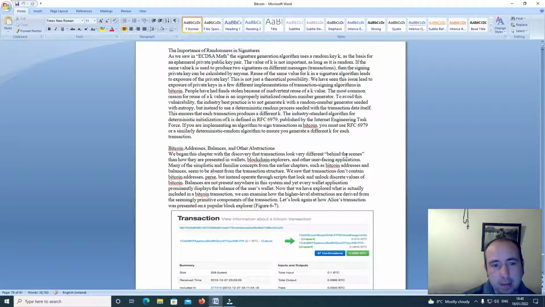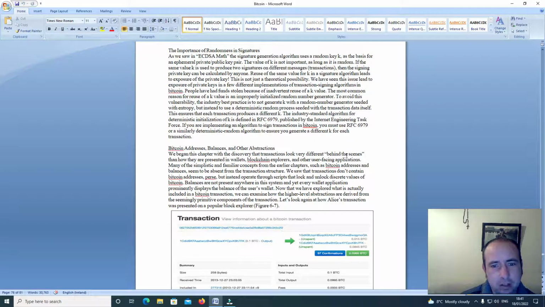If the same value K is used to produce two signatures on different messages (transactions), then the signing private key can be calculated by anyone. Reuse of the same value for K in a signature algorithm leads to exposure of the private key.